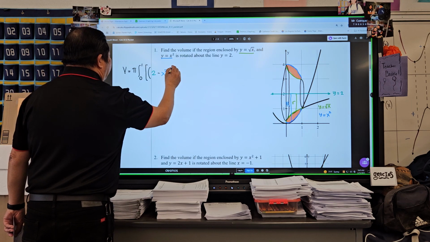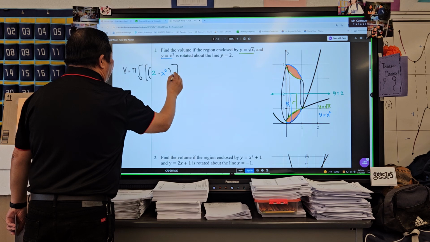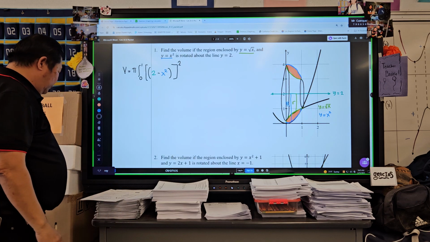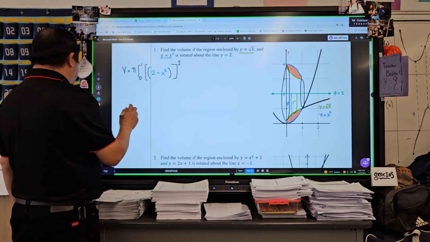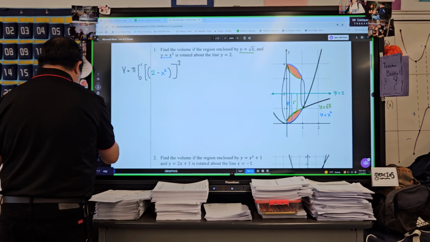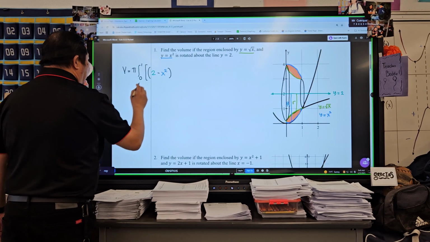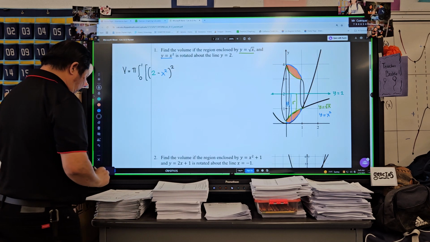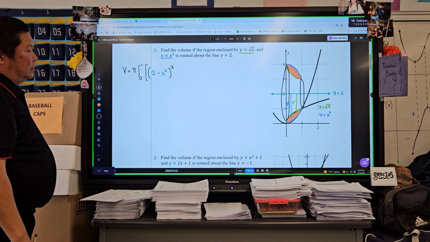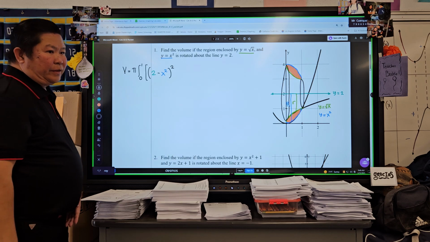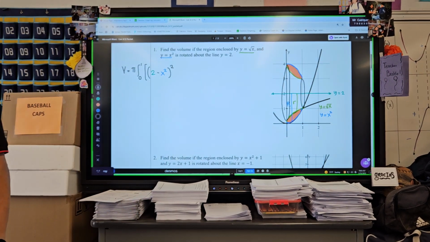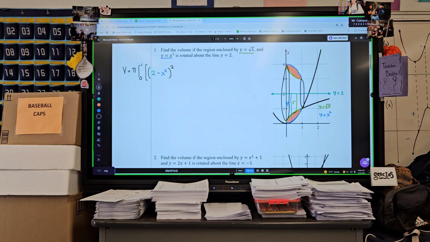And then we're going to have the square. Can I just have it like this? And then what's next? Minus, we now have the small r.